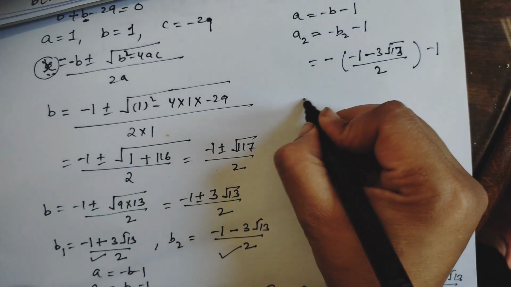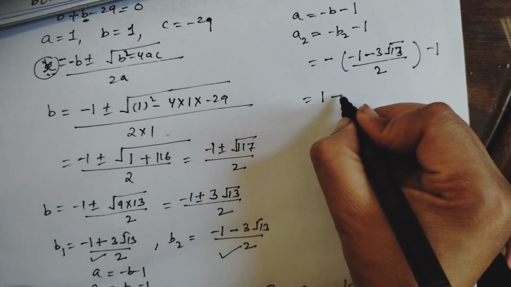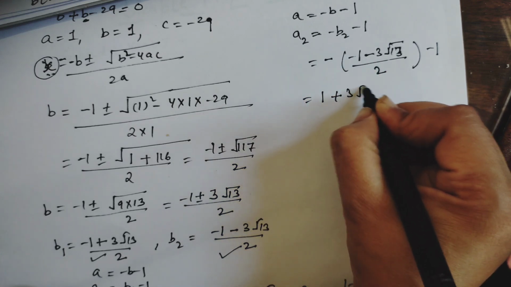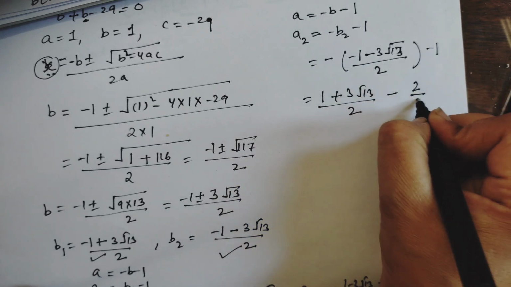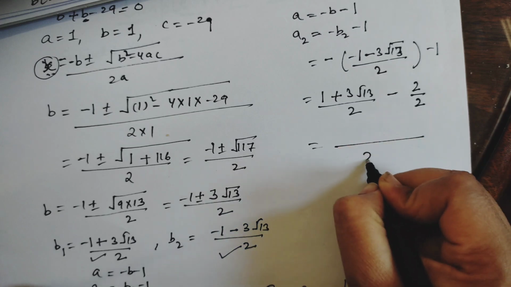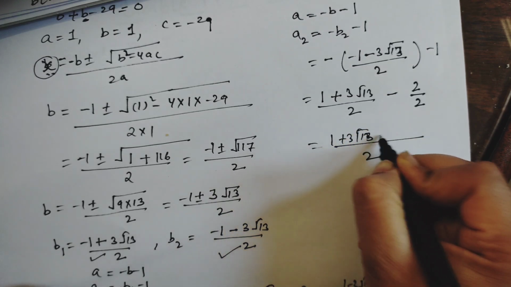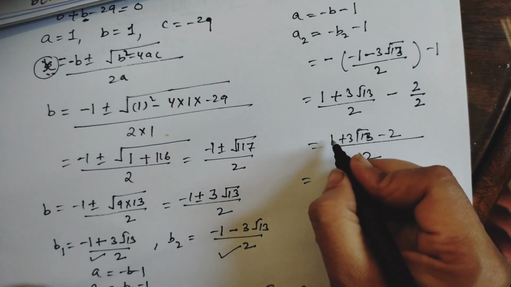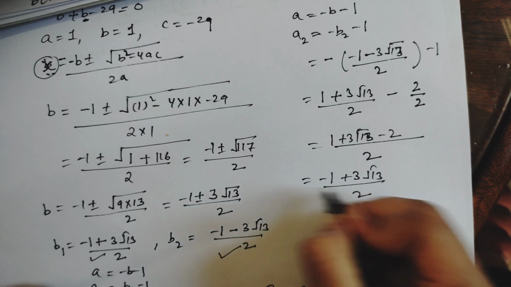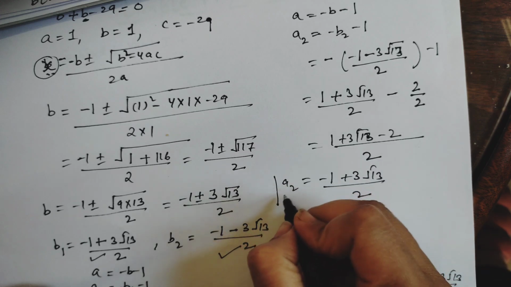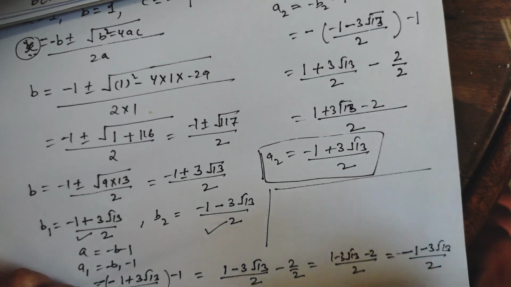Now again this minus sign goes inside, minus minus plus and minus minus plus 3 root 13 by 2, and can we write this one instead of 1 as 2 upon 2 and take the LCM 2, and 1 plus 3 root 13 minus 2. So minus 2 plus 1 is minus 1 plus 3 root 13 by 2. This is our a2.